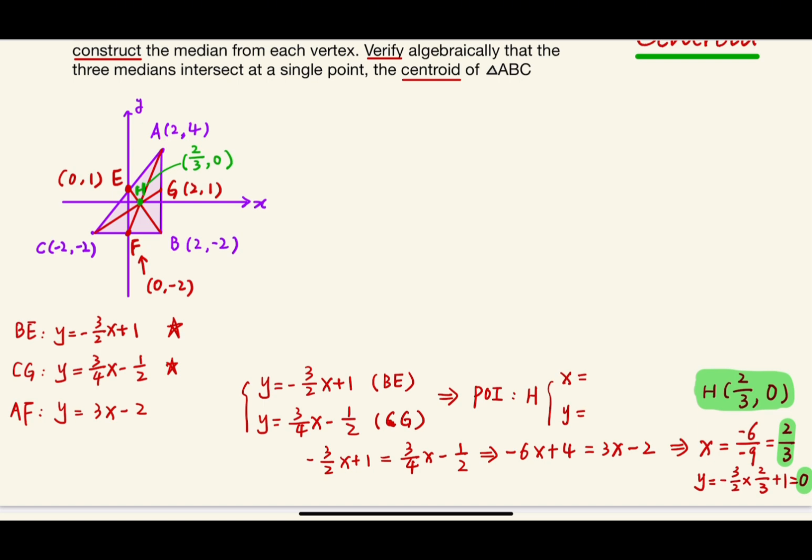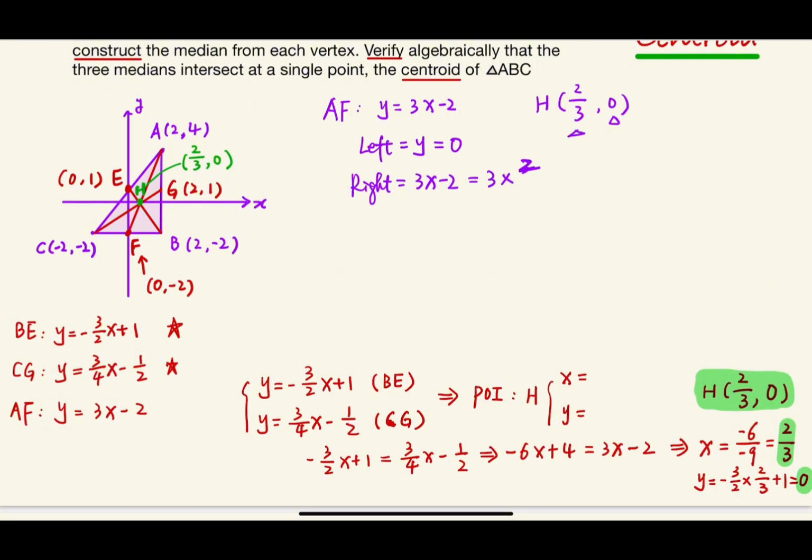Okay, AF: y equal to 3x minus 2. Point H 2/3, 0. The left side equal to y equal to 0. Right side equal to 3x minus 2 equal to 3 times 2/3 minus 2.